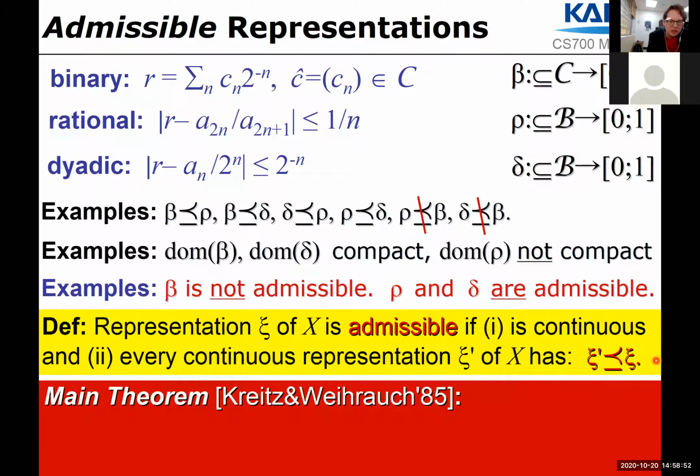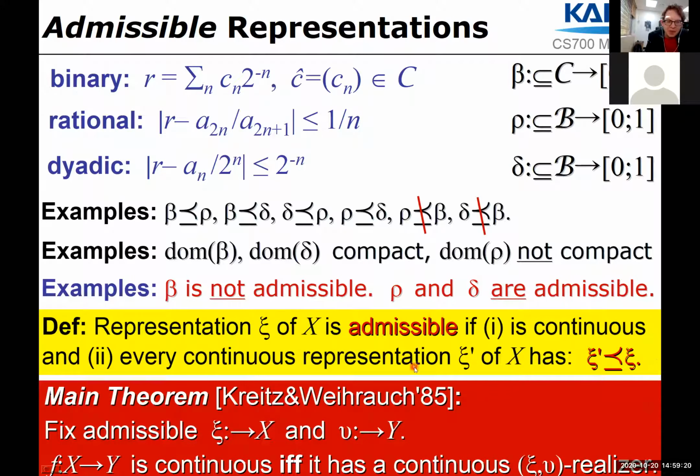But let us wrap up this slide with the important, sometimes so-called main theorem, which was identified and proven by Kreitz and Weihrauch, also in 1985, when they found this notion of admissibility. The theorem says, if we have admissible representations of the domain X and the codomain Y of a function f we're considering, then this function is continuous if and only if it has a continuous realizer.